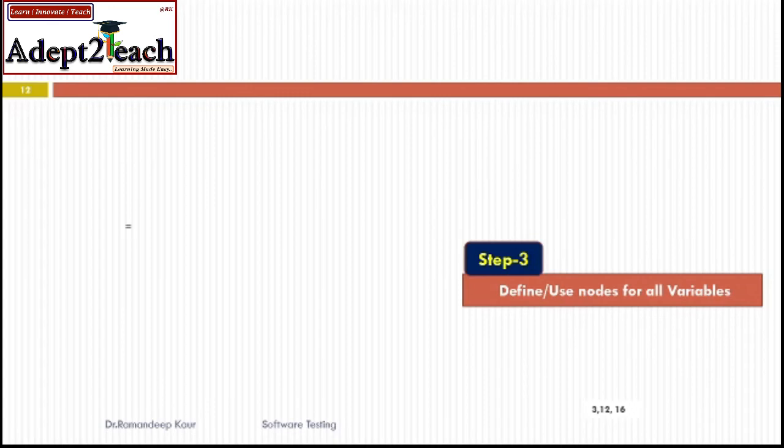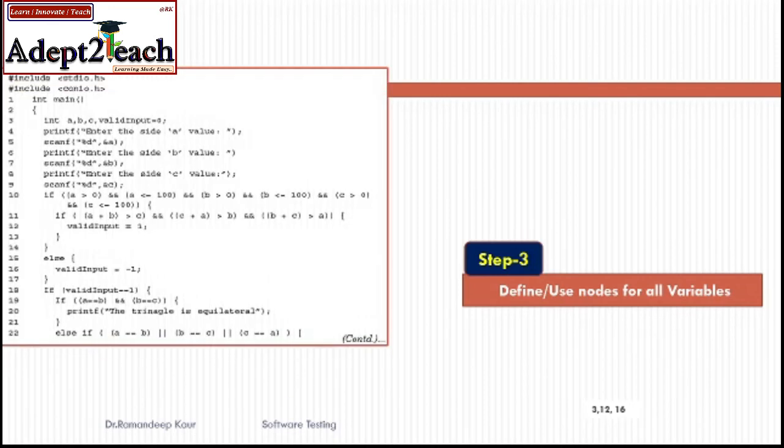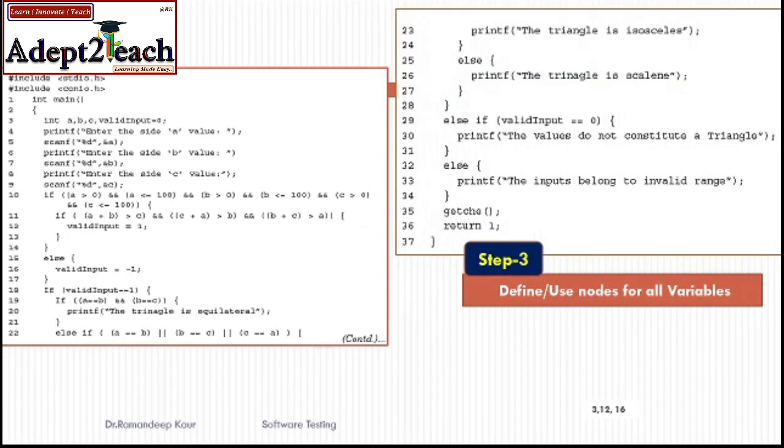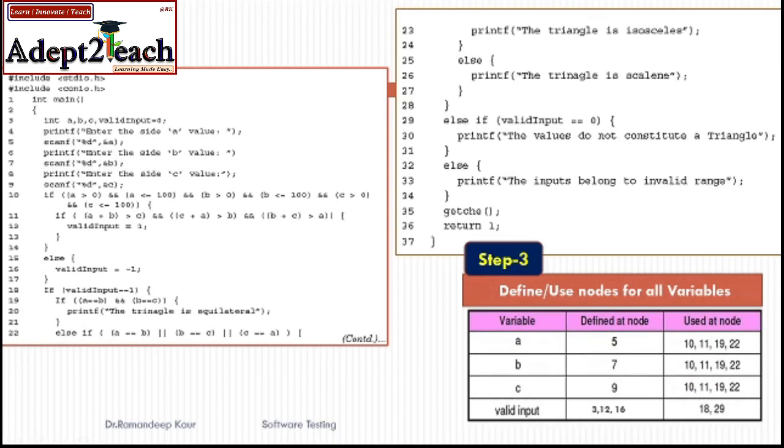Now once this testing is done, the next part we have to do is identify all the variables, and see where those variables are defined and where they are used. So looking at the entire code, we can see that in the entire program we have 4 variables: A, B, C, and valid input. So now I have to make a table which has the following columns: variable, defined at node, and used at node.